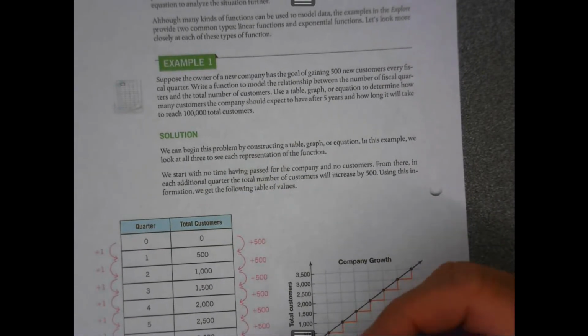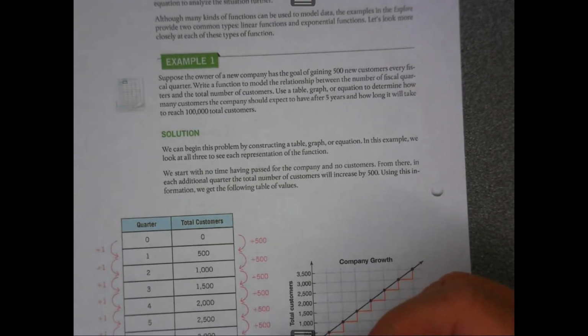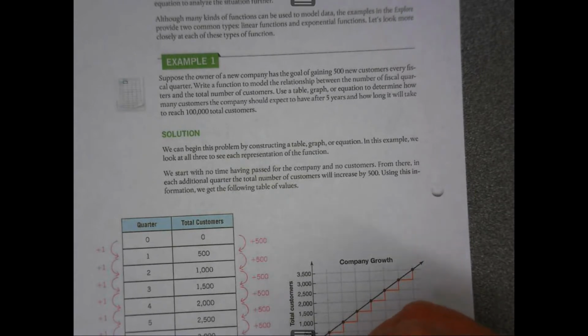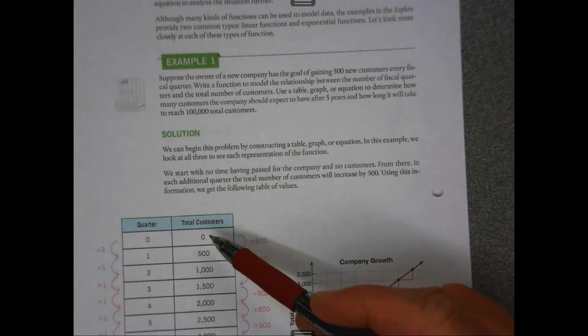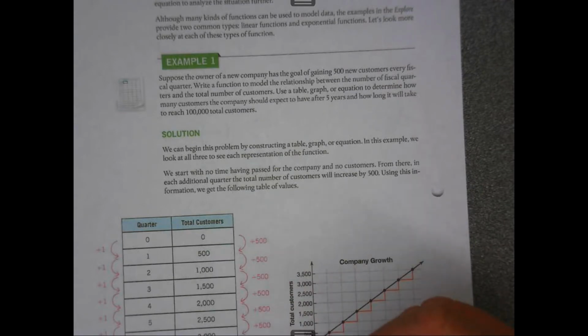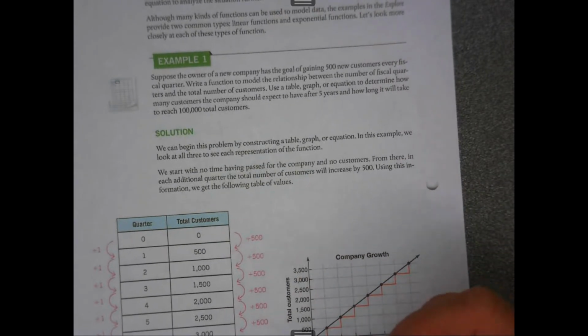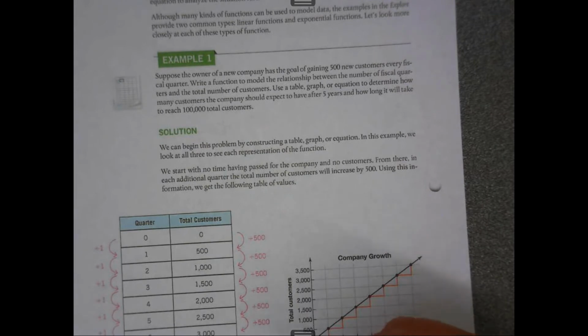Looking down the second column of the table, we see that the numbers are increasing by 500 every quarter. Repeated addition can be written as multiplication. The sequence's nth term is 0 plus the number being added, which is 500, times n, which can be simplified to 500n.